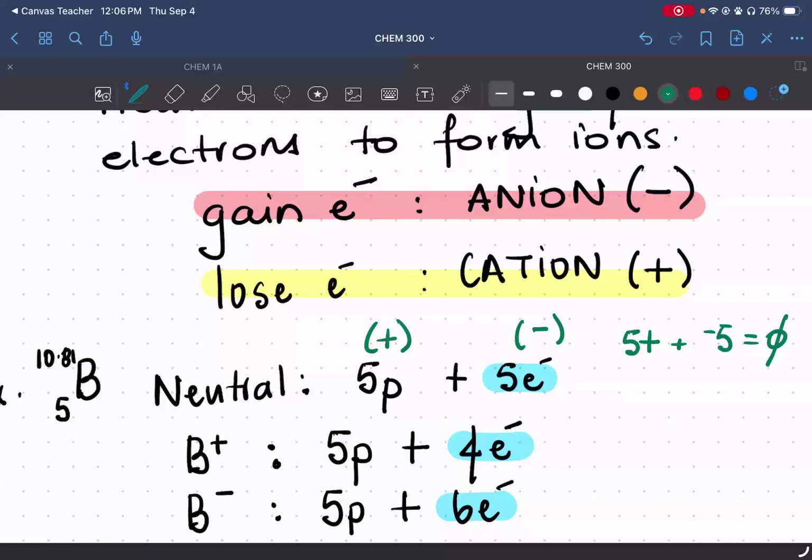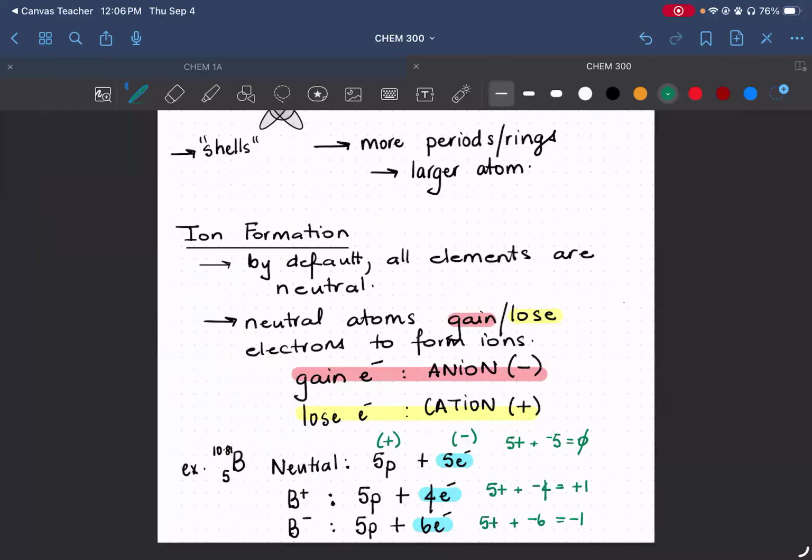We can apply that same logic to the case when it loses an electron. You still have 5 protons. However, this time you only have 4 electrons. This means that your overall charge is +1. Same thing for the negative. You still have 5 protons, but now you have 6 electrons. Overall, you're -1. Good question. Anyone else?